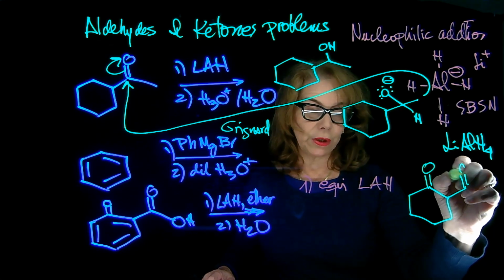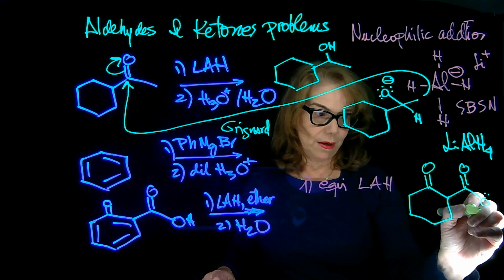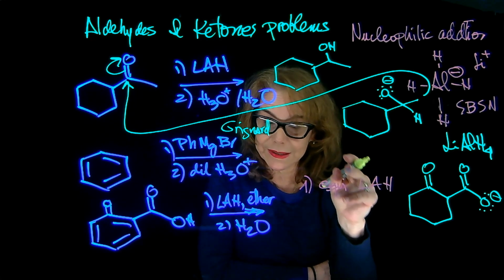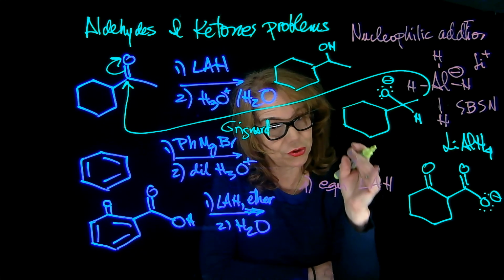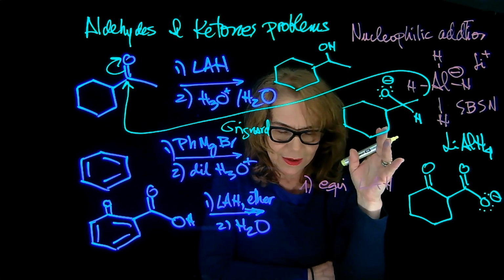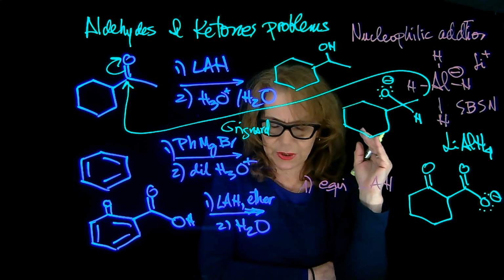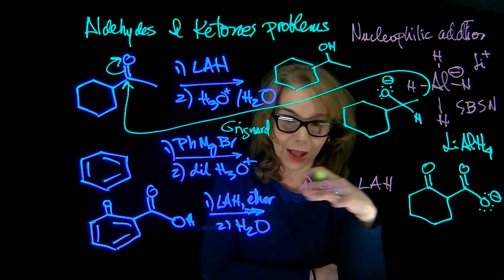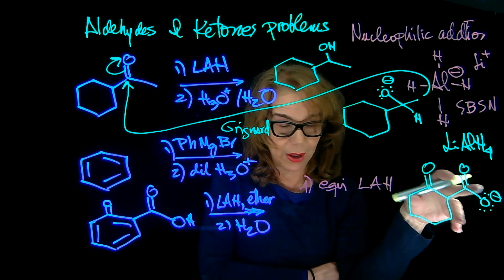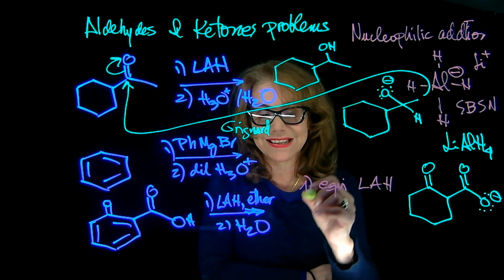But now to reduce the carboxylic acid, and lithium aluminum hydride is capable of reducing aldehydes, ketones, esters, acid halides, anhydrides, nitriles, amides, a lot. But to reduce this further, after the acid-base, we need an excess.